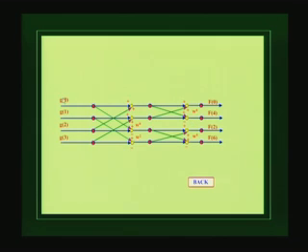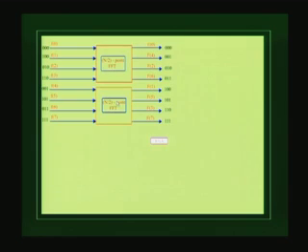Similarly we can do the same thing for h also. So we have the h0, h1, h2, h3 here. We take the sum between h0 and h2 and replace h0 with that.